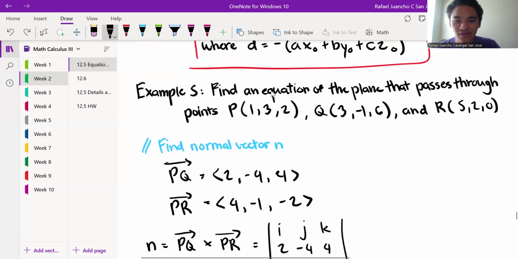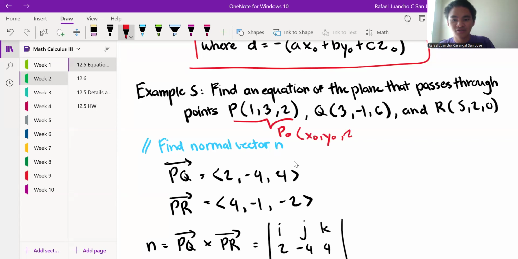Okay, now here we find an equation of the plane that passes through these points, P, Q, and R. So what can we do first? We can say this is our initial point, so that's P naught, X naught, Y naught, Z naught, right? But the idea is we want to find a normal vector that's orthogonal to the plane. So what did we do?